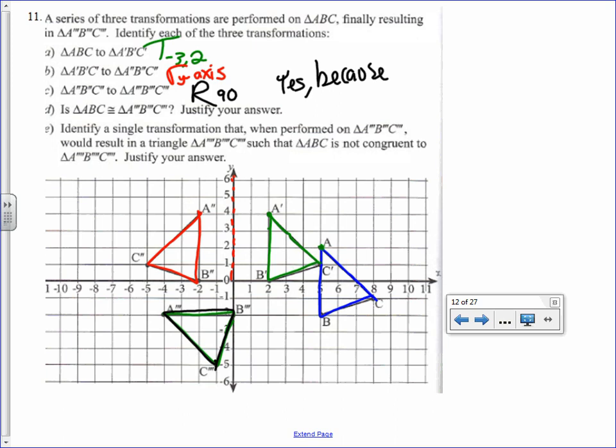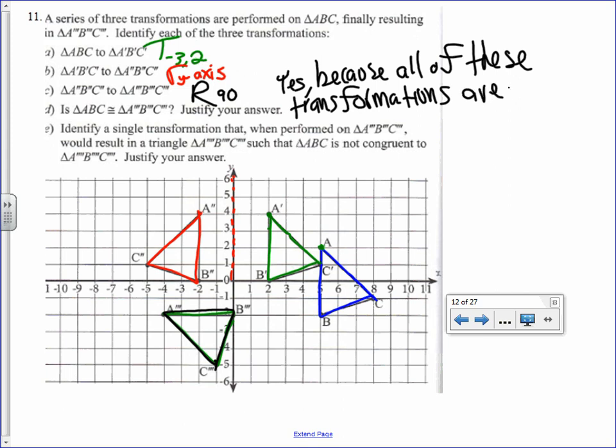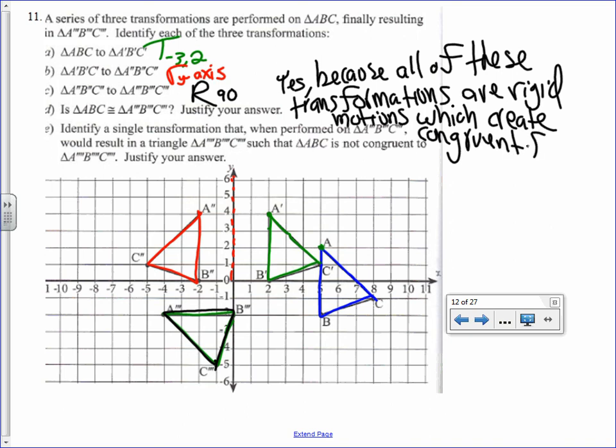Because all of these transformations are rigid motions, which create congruent figures. You don't have to word it exactly how I did. Just make sure you get the point across.